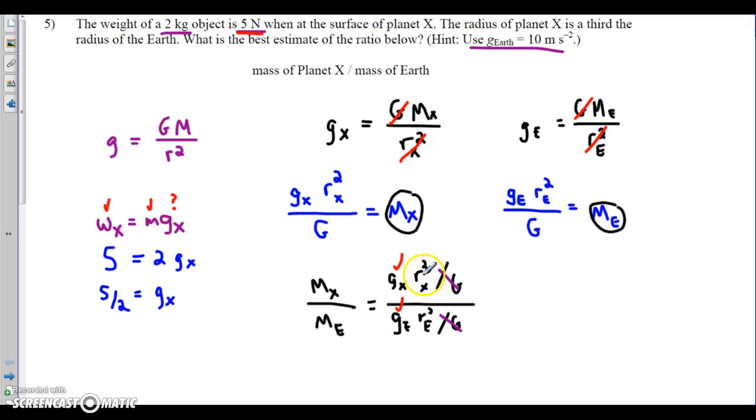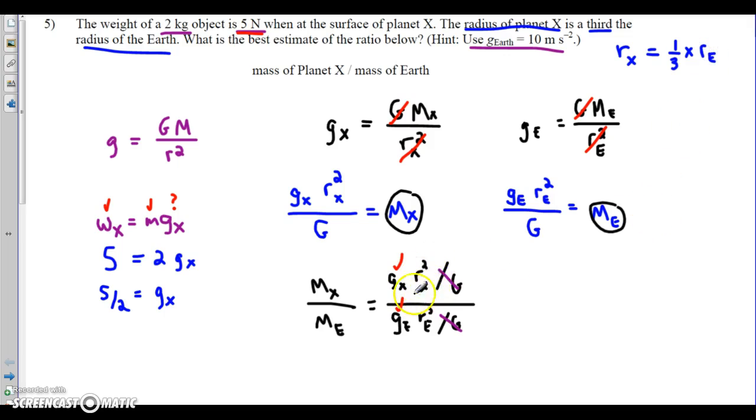The last thing we're going to need is to replace rx. Look at this. The radius of x is 1/3 the radius of Earth. If you write that in an equation, you do radius of x is 1/3 multiplied by the radius of Earth.